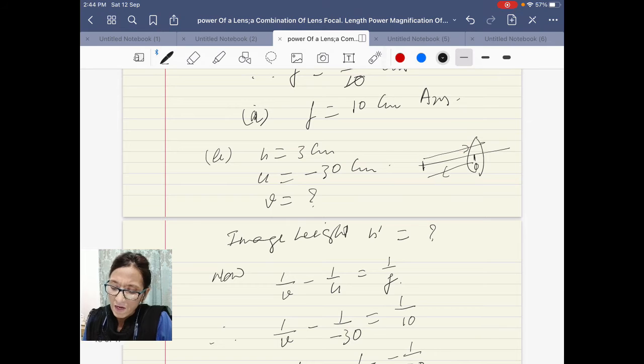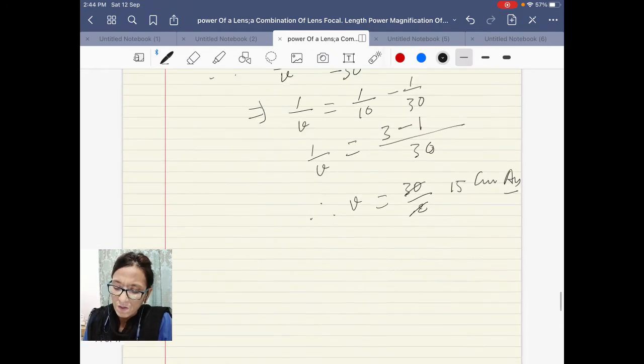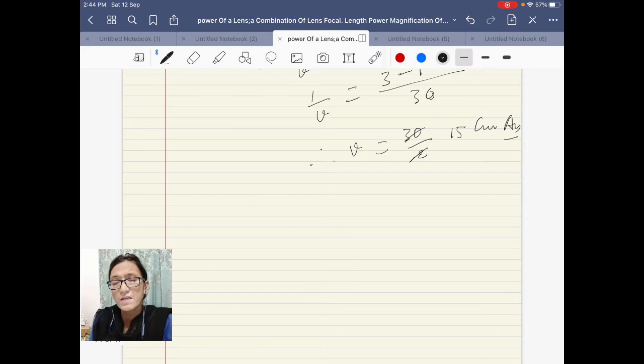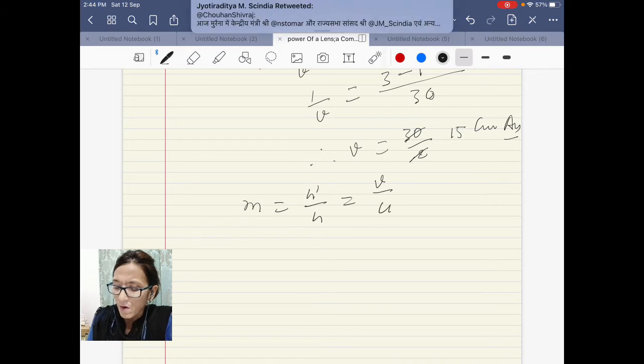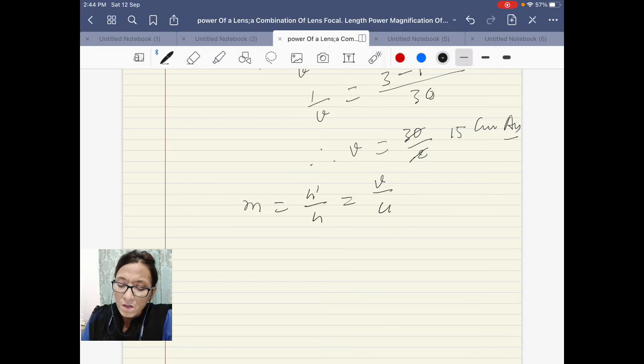Now we are to find the image height also. So for this we will be using the formula of magnification. Magnification we know is equal to H dash upon H, and this is equal to V upon U. So now we have to find H dash.